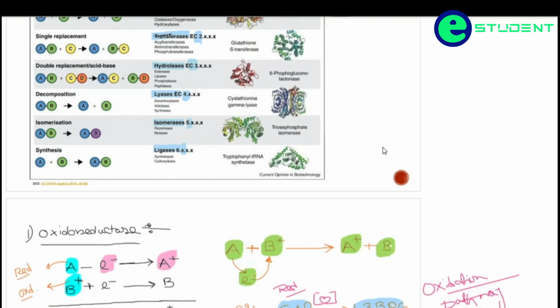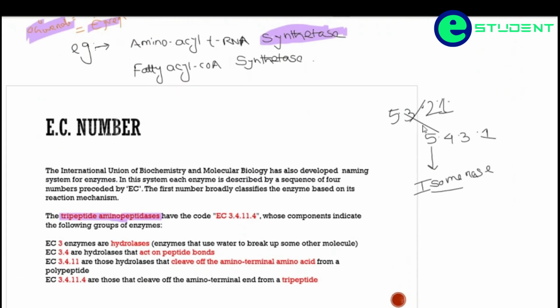So in this example, the isomerase has an EC number of 5. So if there is any number which starts with 5, it means that this kind of enzyme has isomerization property, or it is an enzyme which belongs to the class isomerase.